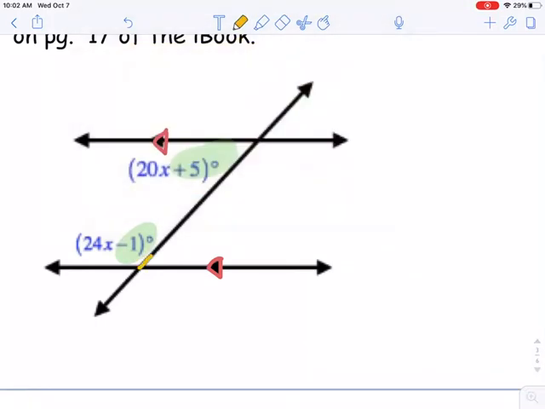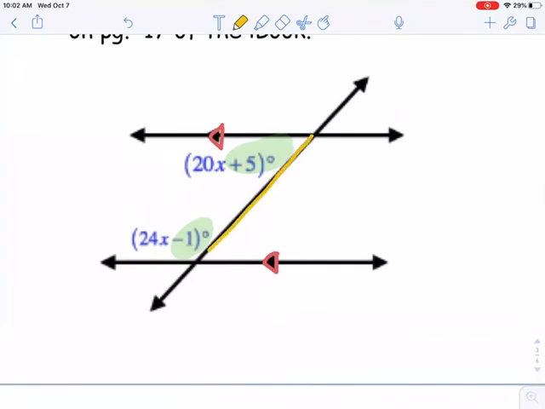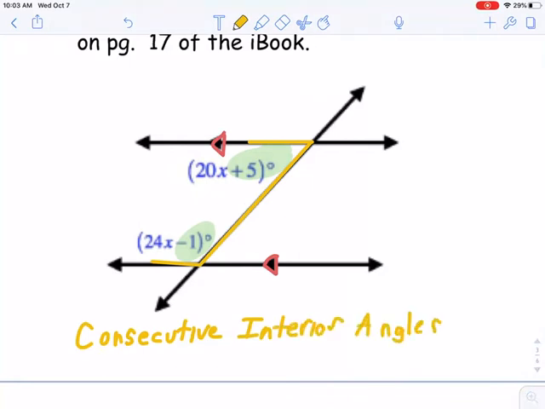Now what's so great about this angle, they're on the same side, so on the consecutive side of the transversal. They're on the interior of the parallel line, so I'm going to use CIA, or consecutive interior angles. All right, so maybe it's a good idea to identify the angle relationship you have and then write out the punchline.